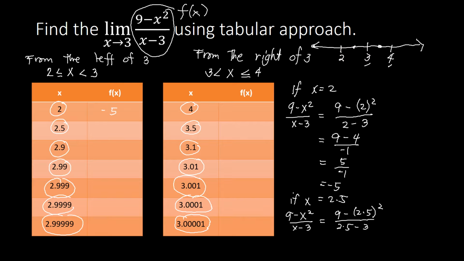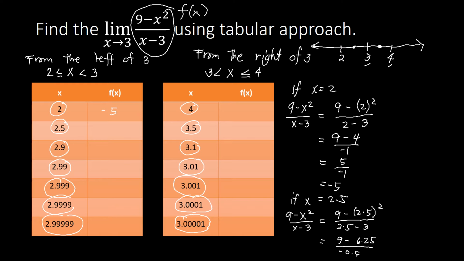Simplifying that one, we've got 9 minus 2.5 squared, which is 6.25, over 2.5 minus 3, which is negative 0.5.